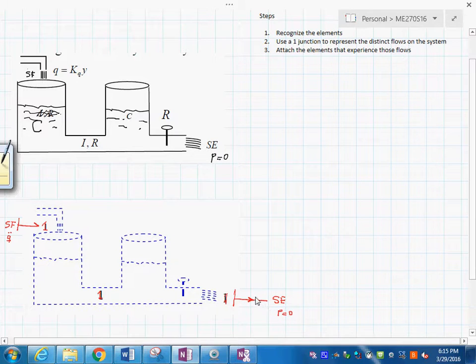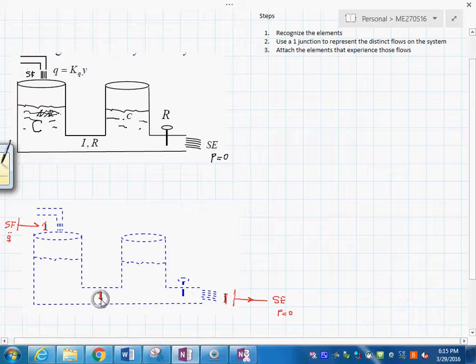The other elements that we need to attach are, of course, this I element in here, this one in here, and then on this junction we will have the I element, and we also will put the R element.